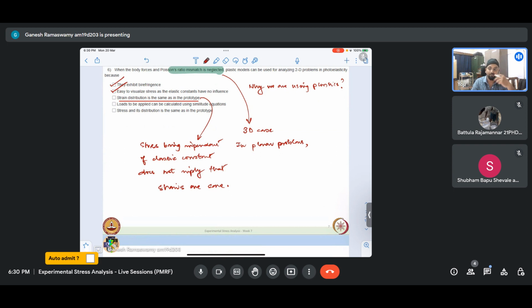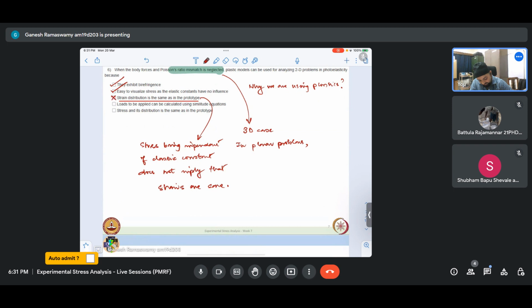Although for applying 3D photoelasticity, for stress freezing techniques and all that, we should ensure that we do not overload the model. Just because the stresses are same, we should not load the model in such a way that our prototype loads and model loads are equal, in which case we will again go for strain equivalence. So that is the tenet of basic principle behind our similitude in case of photoelasticity.